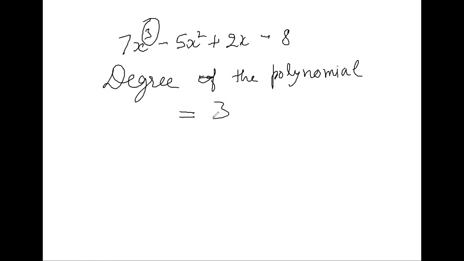So 3 is the degree of the polynomial. The degree of a polynomial is the highest power of the variable, but only if the given expression is a polynomial. If it is a polynomial, then it has a degree; if it is not a polynomial, it has no degree.